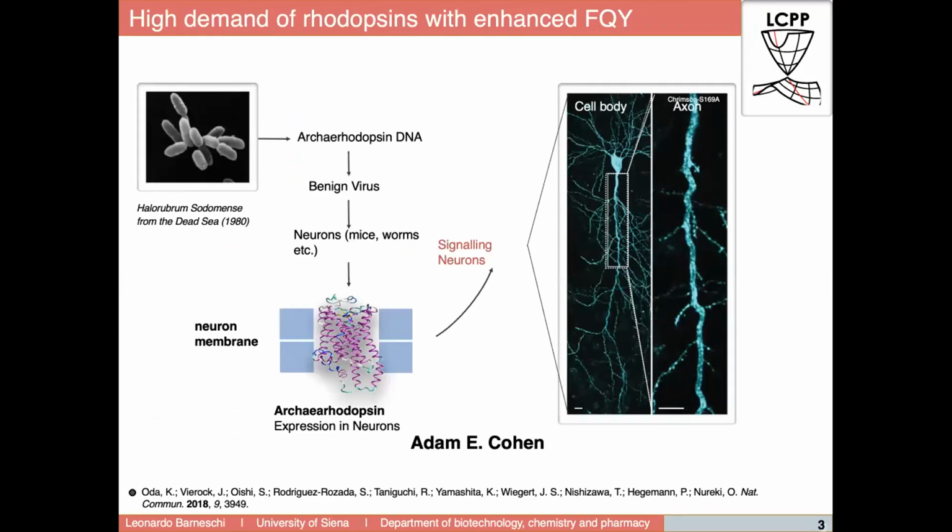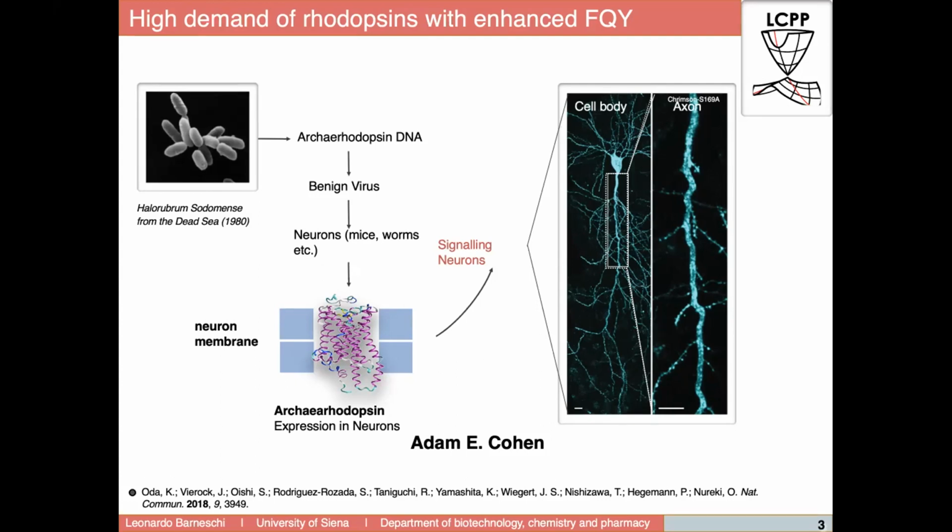The way this works is basically I can find a way to express these proteins in a neuron, and after that I'm going to shine light on the rhodopsin that has this structure, 7 transmembrane alpha helices that fit really well in the cellular membrane, and it has a photosensitive center that's the chromophore, the retinal covalently linked to a lysine side chain.